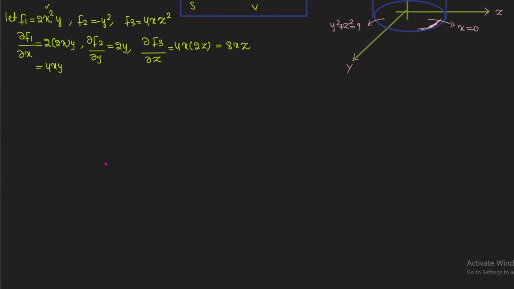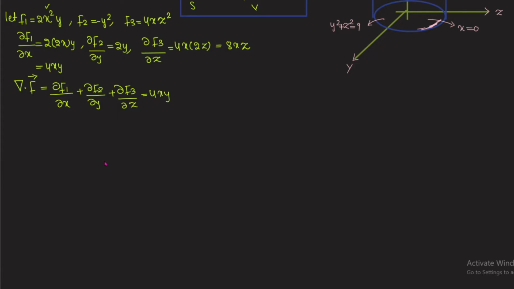Now del dot F bar is nothing but the sum of all the partial derivatives. So we have 4xy.